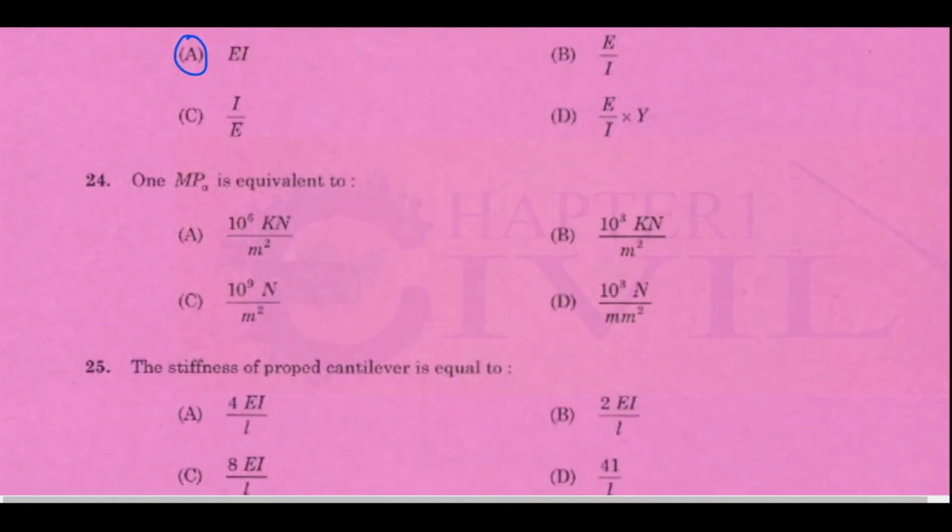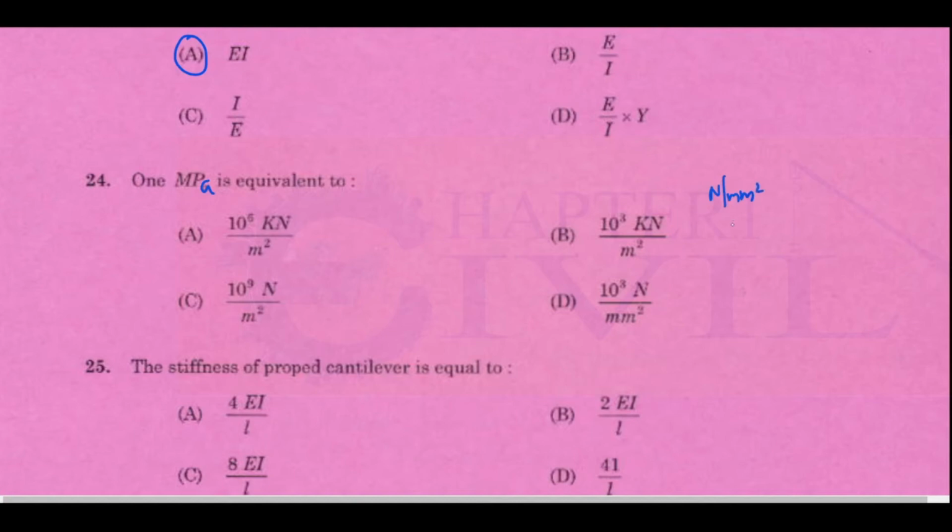Question number 24. 1 megapascal is equivalent to 10 raised to 6 kilonewton per meter square, 10 raised to 3 kilonewton per meter square, 10 cube Newton per meter square, 10 to the power 9 Newton per meter square, 10 cube Newton per mm square. 1 megapascal is equal to 1 Newton per mm square.